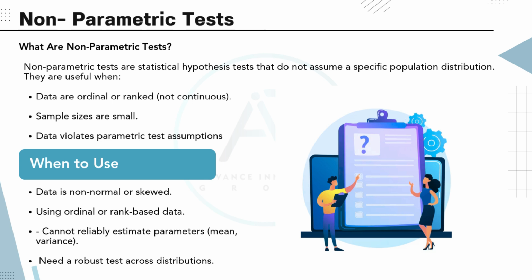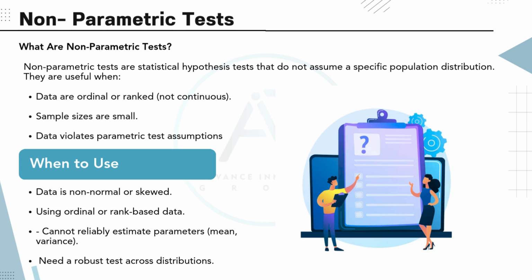When to use: you should consider non-parametric tests when the data is skewed or fails the normality test. You are using ordinal or ranked data, not interval or ratio scales. Parameter estimates like mean or variance are unreliable due to data irregularities.